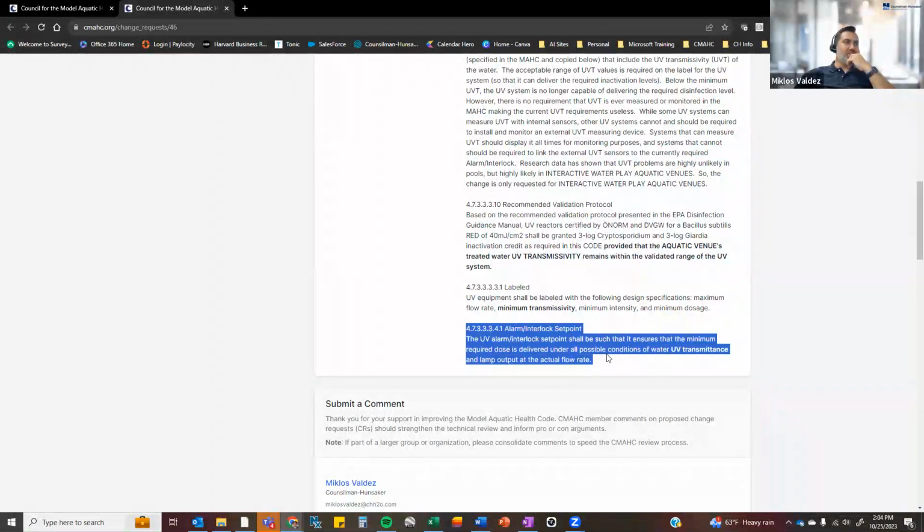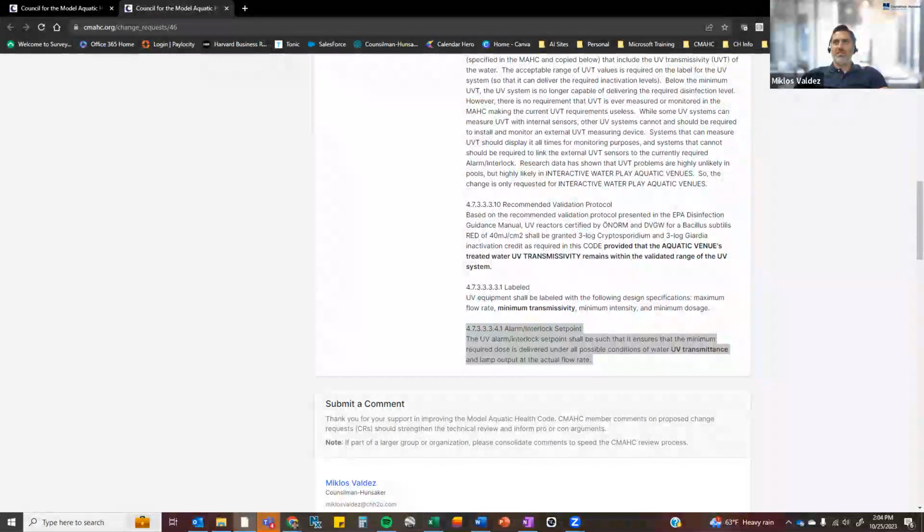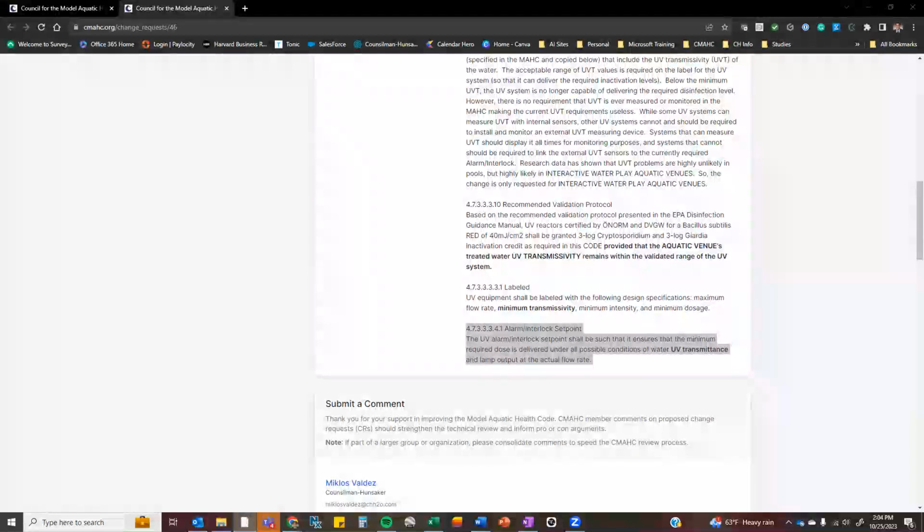It potentially does in this section, if that is what it currently states. Yeah, I just looked it up. It's in the 2nd edition MAC as well from 2016. So it's been in there a long time that we require an automated sensor that's interlocked to the UV.